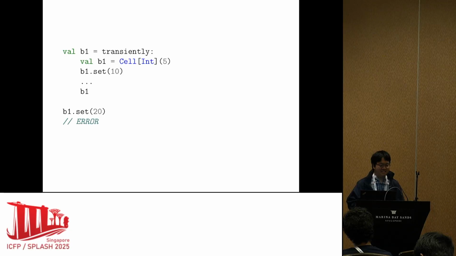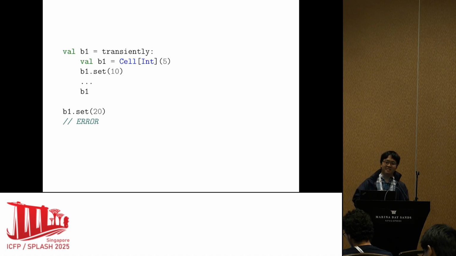So I can write code that looks like this. I create a box, a cell, I write to it, I return it, and outside of it, I can't mutate it. And that's great, right? It looks like the code you would have written in the first place with just mutation directly.